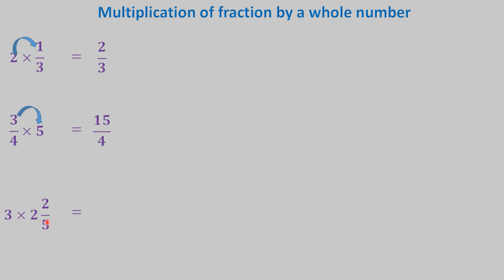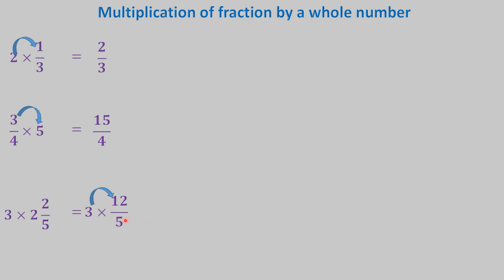I told you, you have to multiply the whole number and the denominator, 5 into 2, then add the numerator, 1. That you have to write in the numerator, then divided by 5. So that becomes 5 2s are 10 plus 2, that is 12 by 5.